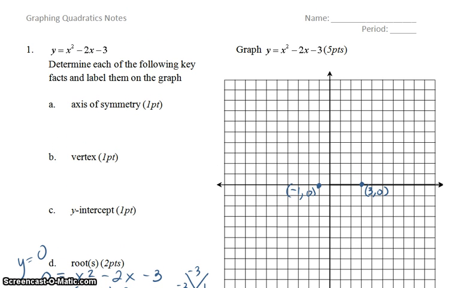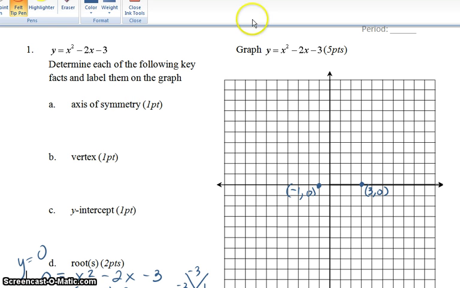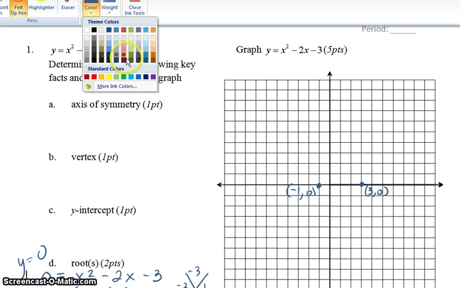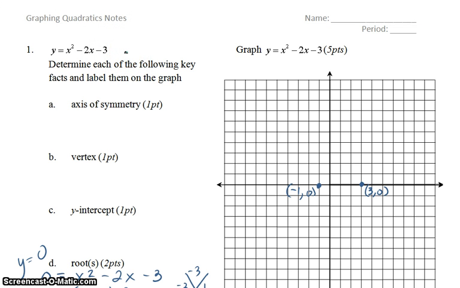Now going back to the top, the first thing it asked for, and I did the roots already, was the axis of symmetry. I'm going to do that by finding the middle of my roots. So the middle of my roots is 2 spaces away from each of them, right here at x is 1. So x is 1.